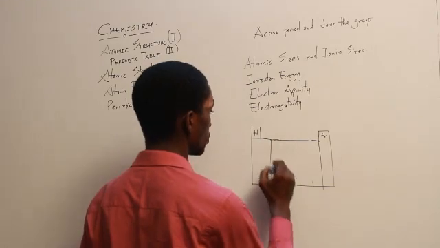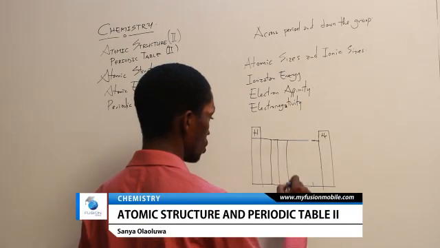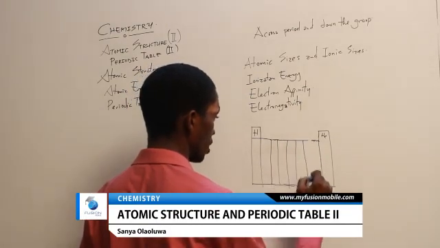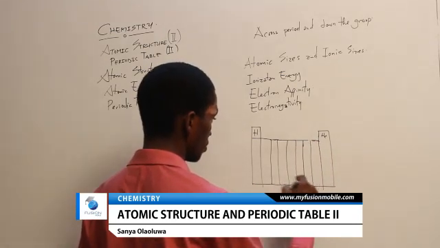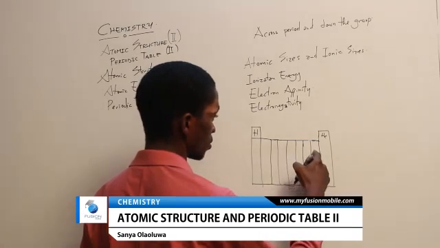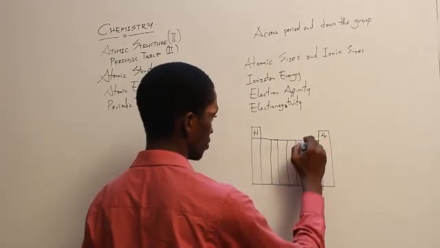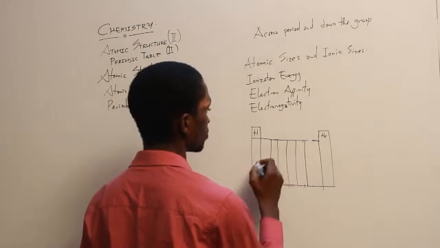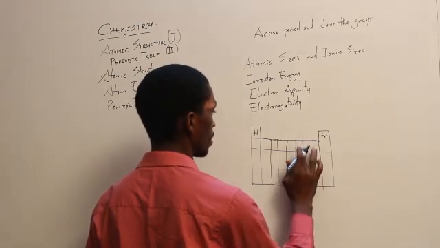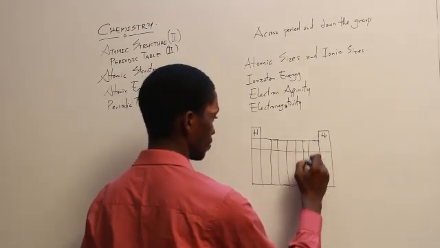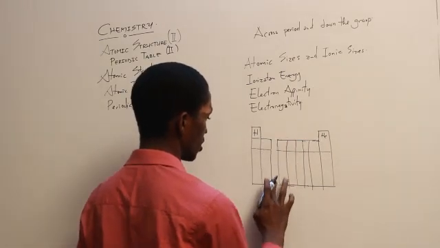Let's just cover it all: 1, 2, 3, 4, 5, 6. Okay, I don't need that much. So this is good enough. Let's leave the space for the transition metals. So this will be the space for the transition metals.